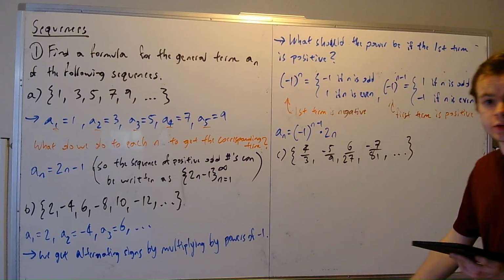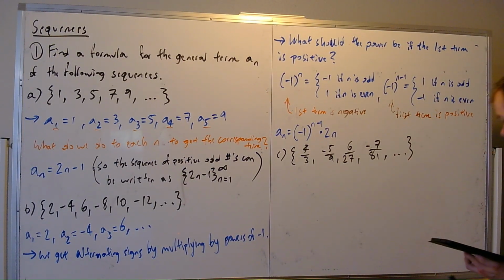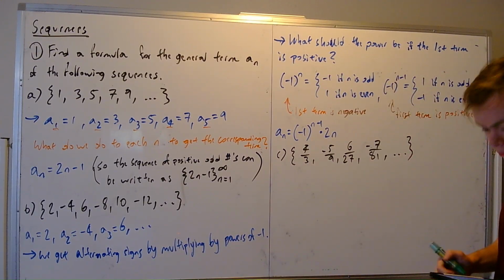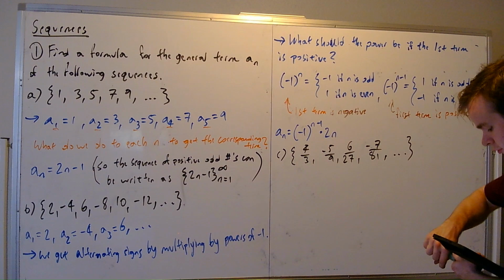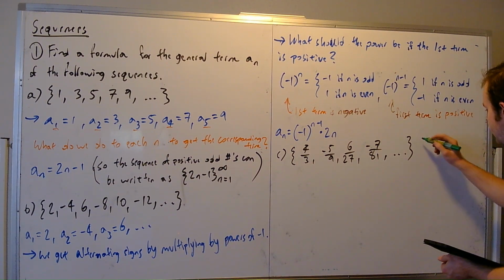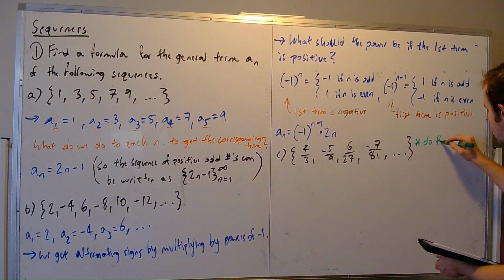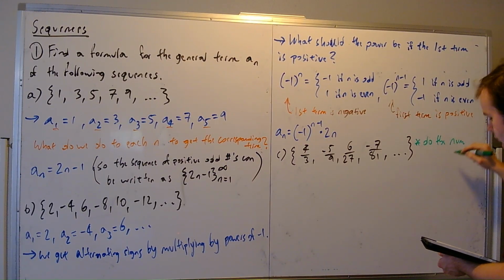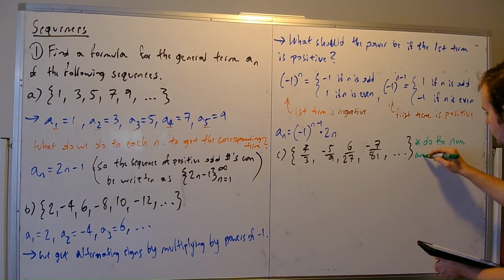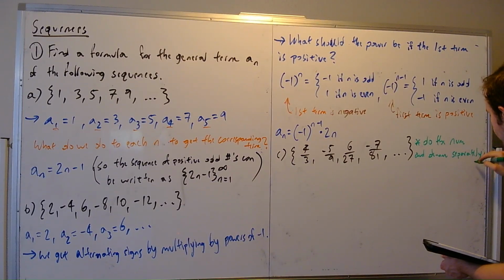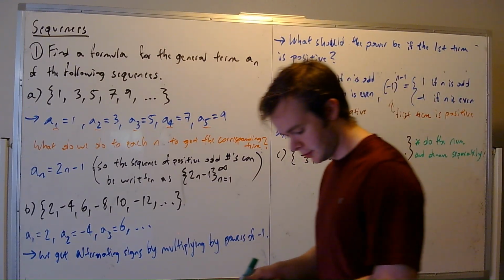So when you get something that looks kind of complicated like this, what you want to do is treat the numerator and denominator separately. Right, so we just care about each part separately.